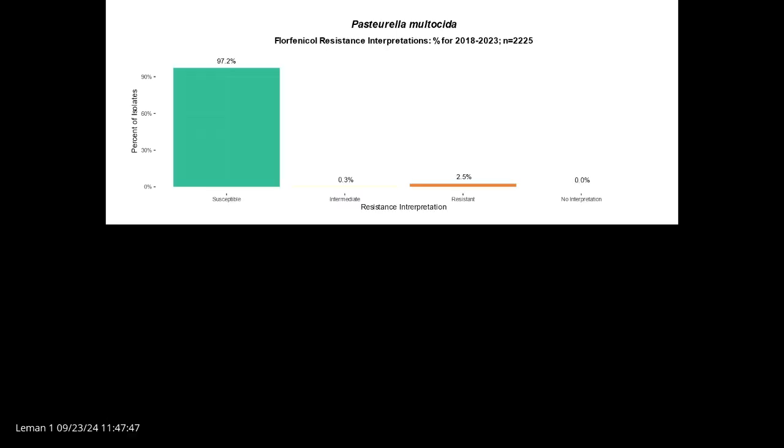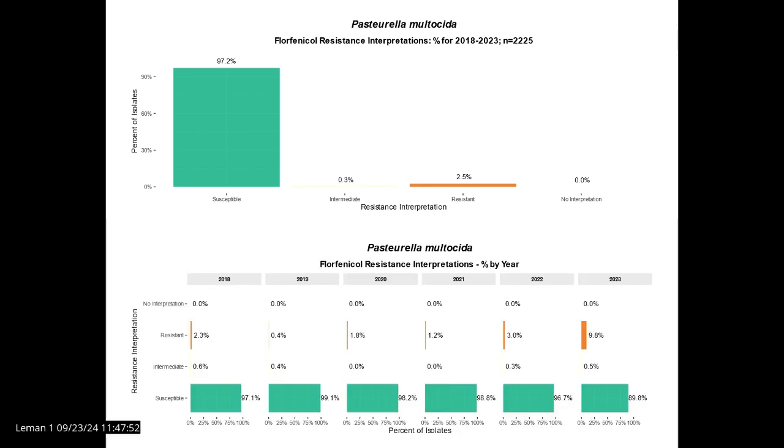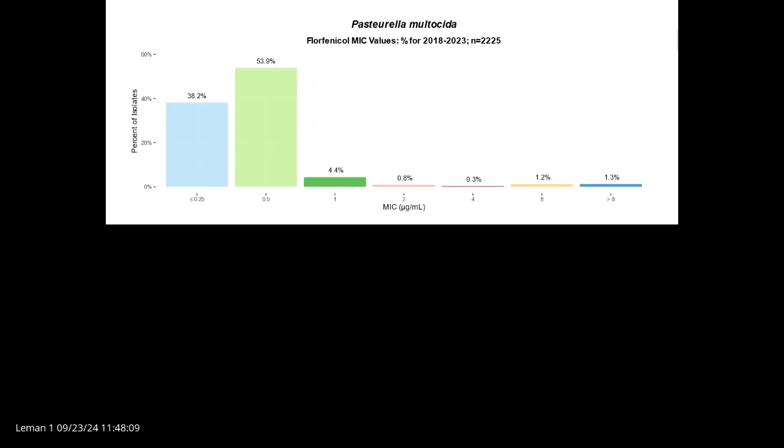Florfenicol, that's also labeled, 97% susceptible for florfenicol. Again, here in 2023, there's an odd jump. So we're bouncing at about 2 to 3% for resistant prior to that. And then in 2023, we've got almost 10% of those Pasteurella isolates that are coming up as resistant for florfenicol.